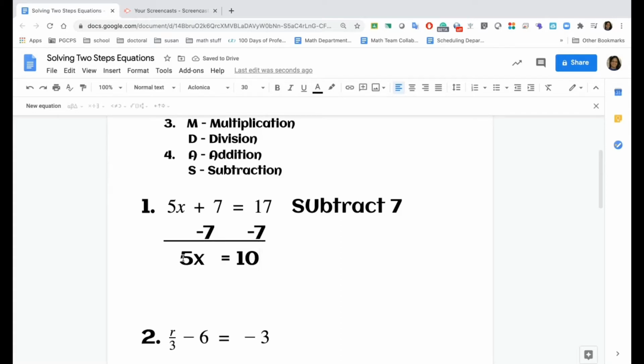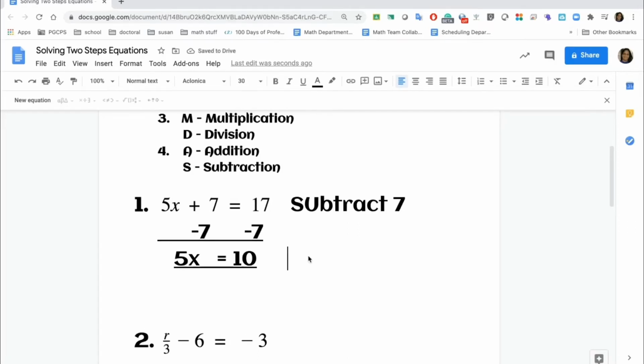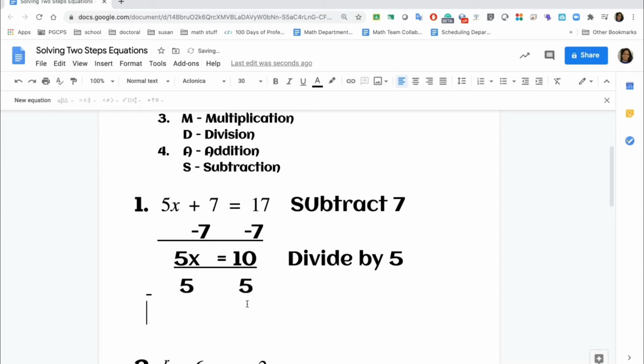Then next, 5 is being multiplied by x. To undo multiplication, we will divide the equation by 5. So we put 5 on the left side, and the right side will be divided by 5 also. Now the value of x is 2.